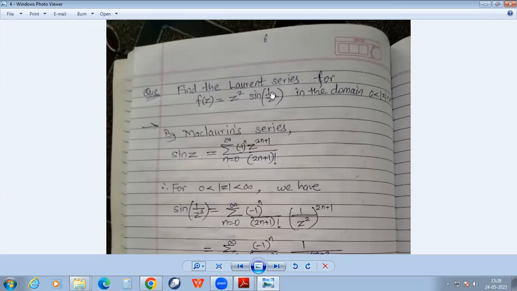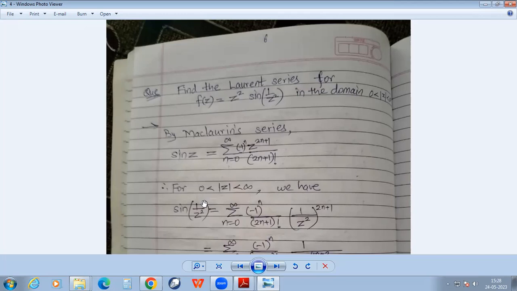If it happens to be sine of z, then I can say it is entire. But when 1 by z comes into the picture, we have to exclude this 0, and that is why it becomes an annulus. That is why we are saying 0 less than mod z less than infinity. Actually, we are taking the whole complex plane, but we are excluding the origin.